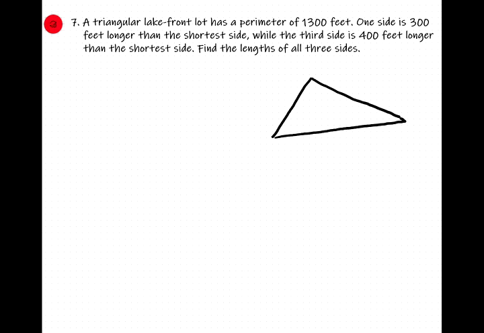One side is 300 feet longer than the shortest side, while the third side is 400 feet longer than the shortest side. Find the lengths of all 3 sides. Again, there are 3 unknowns here, and it looks like there's a short side, a medium or middle side, and a long side.